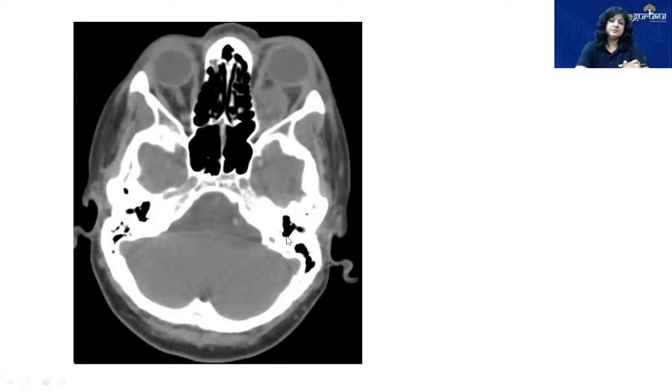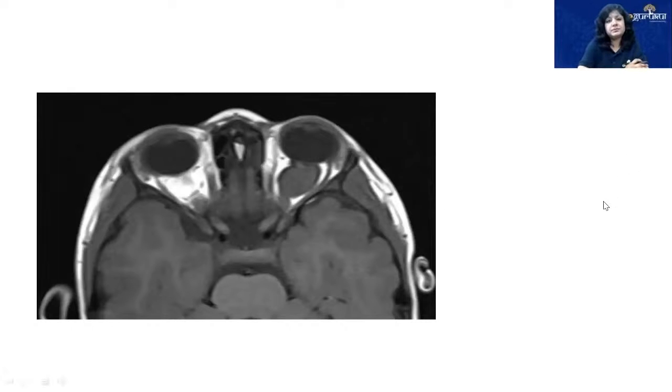One more tumor that you should think of is an optic nerve glioma. If the examiner wants you to mark the answer as optic nerve glioma, again look at the salient features. One of the classical histories you're going to come across is an inherited syndrome like NF1, neurofibromatosis 1. If you see this history and an orbital lesion, think of an optic nerve glioma, where you could see a completely bulky optic nerve.